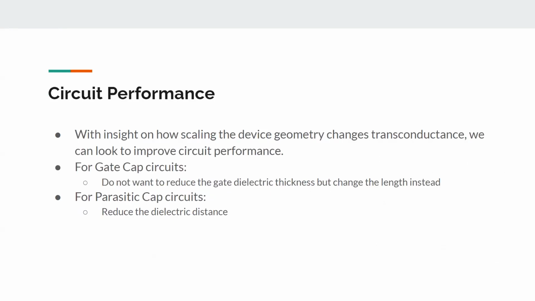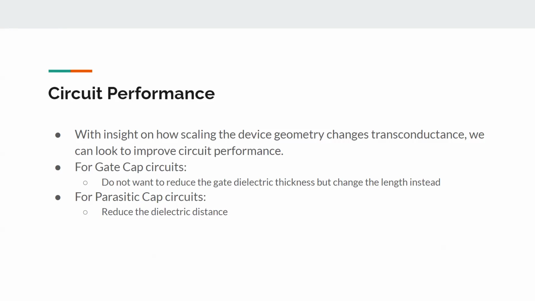So how does this overall affect circuit performance? With the insight of how scaling and changing the width or the length of the device affects transconductance, we can look to improve circuit performance. For gate capacitance limited circuits, we do not want to reduce the dielectric thickness, but instead change the length, because the transconductance does not increase linearly with dielectric capacitance for practical device geometries.